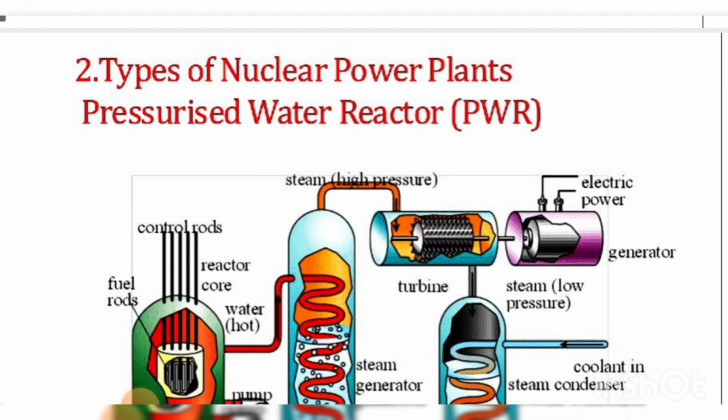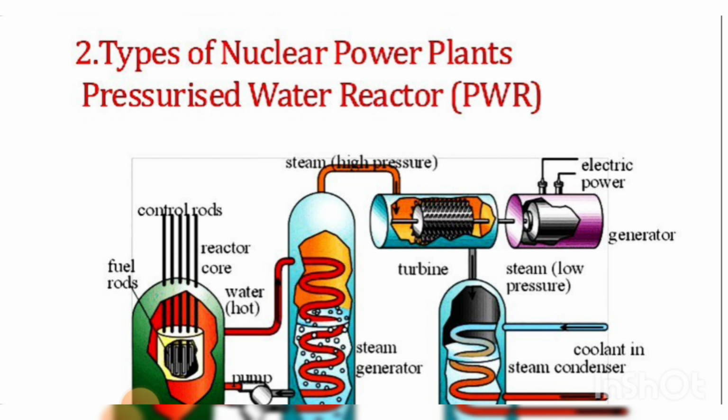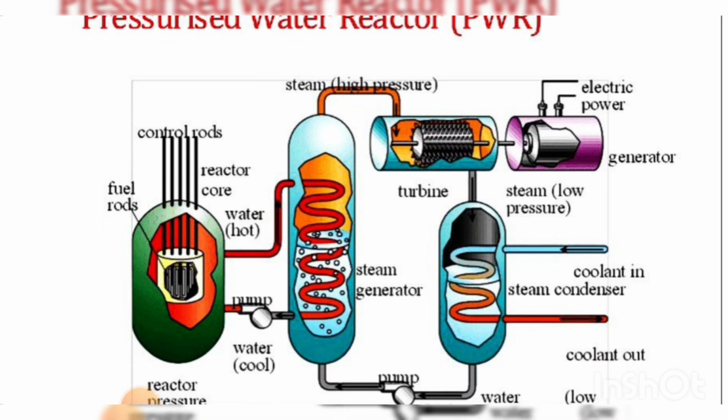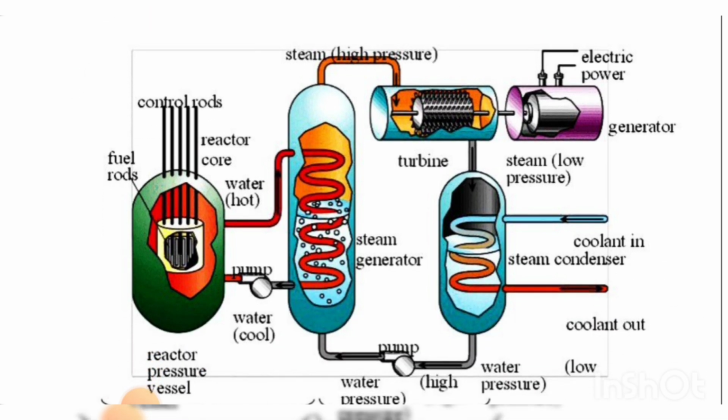So this is the type of nuclear power plant. Firstly, there is the nuclear reactor, and the main parts are control rod, fuel rod, reactor core, cooling water pump, nuclear pressure vessel, high pressure steam turbine, and steam generator turbine.